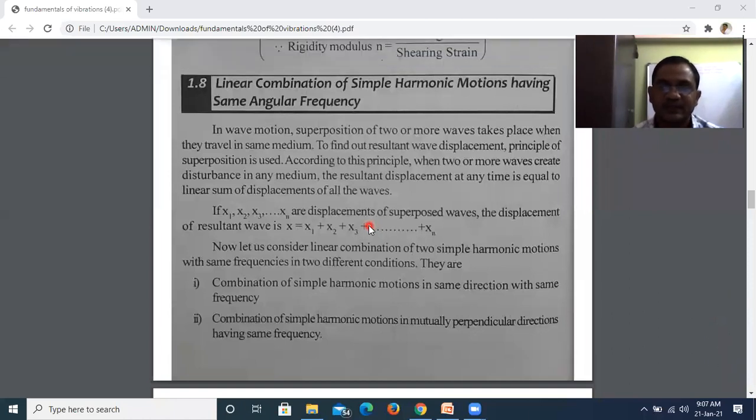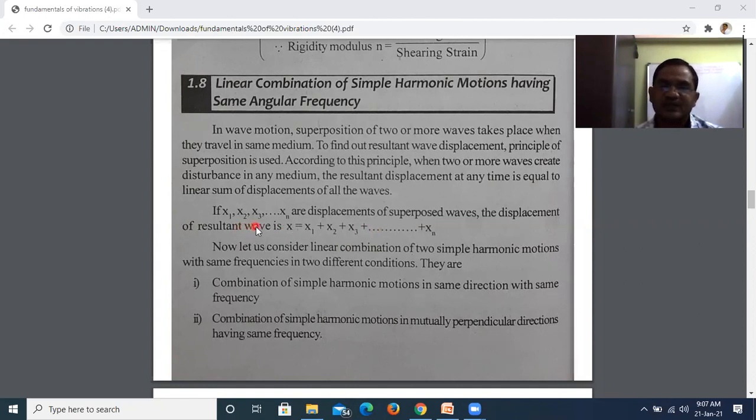The topic we are going to discuss is the resultant motion of two simple harmonic motions, particularly when they are acting at mutually perpendicular directions.